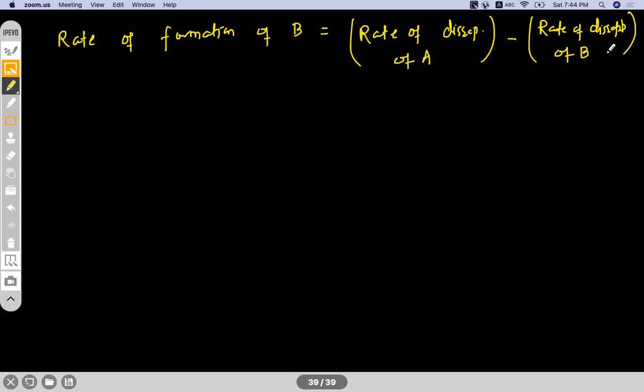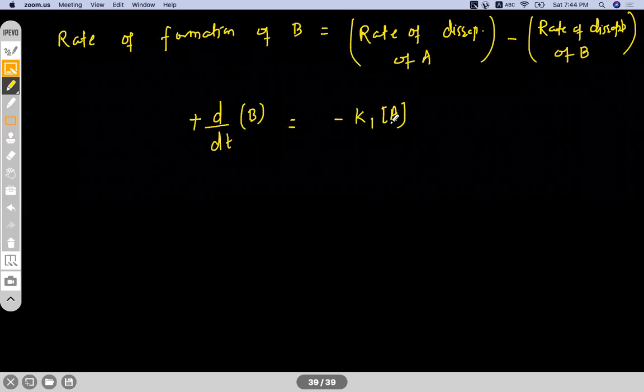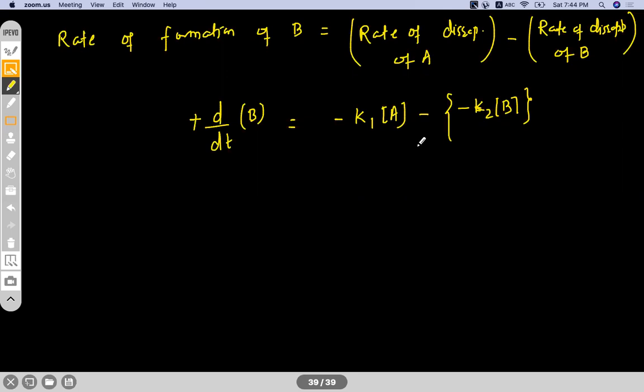Correct? So the rate of formation of B we can write as plus d by dt of B is equal to the rate of disappearance of A, which is minus K1 into A, minus K2 into B. Oh, I think it should be plus, no?